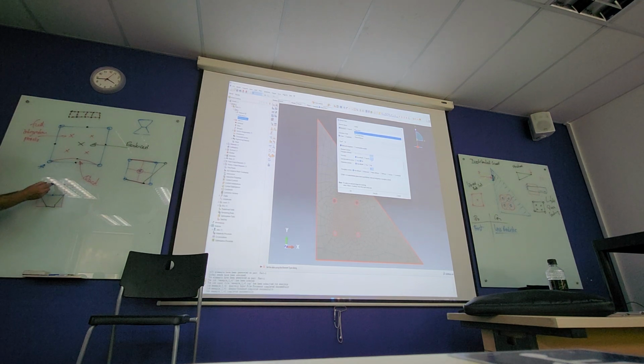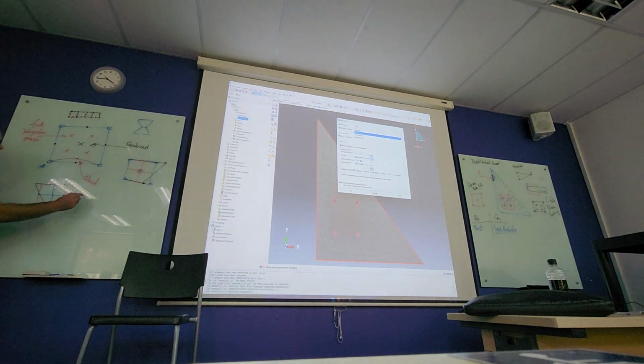It checks for deformation of those lines, distances. So see, before and after, that line is the same. Before and after, that line is the same.